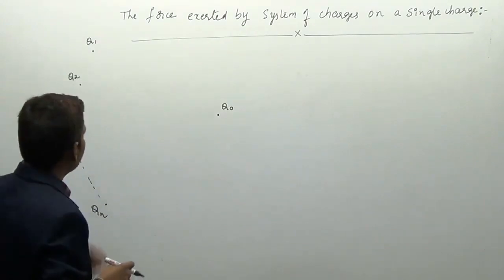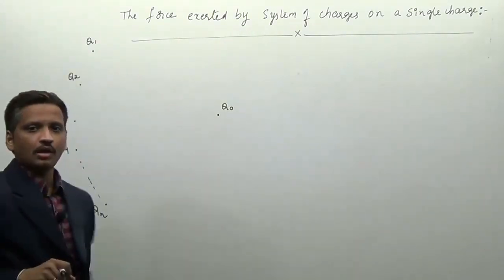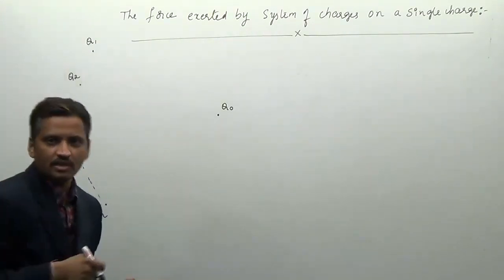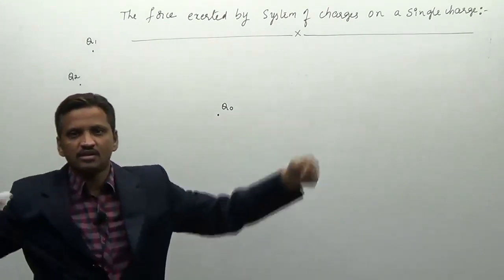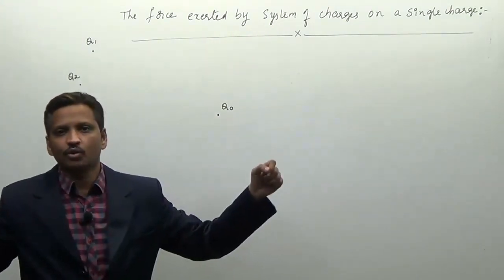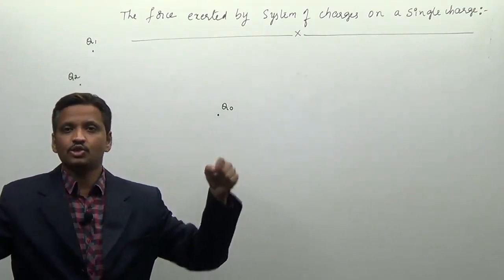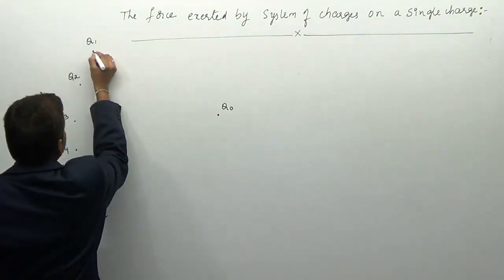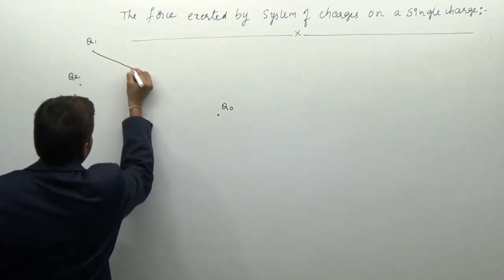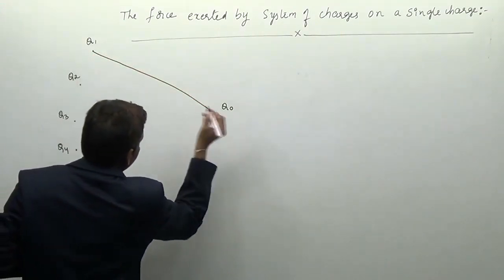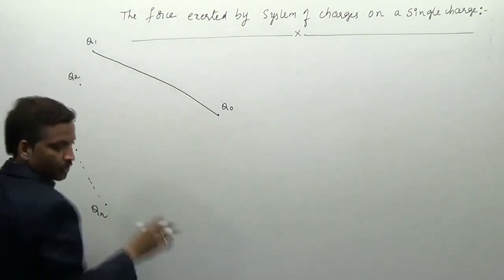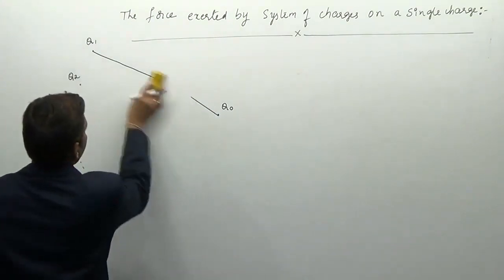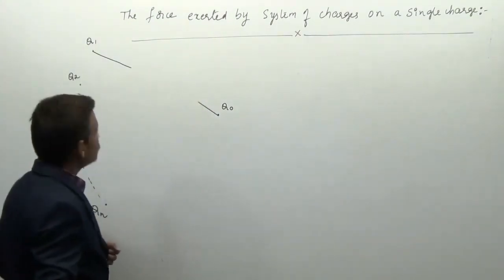To find that, as we have already seen in Coulomb's law, to find the force of attraction or repulsion, we always need the third statement: the force always acts along the line joining the two point charges. So we need to join the two point charges between which we are finding the force. This is the line joining Q1 and Q0.